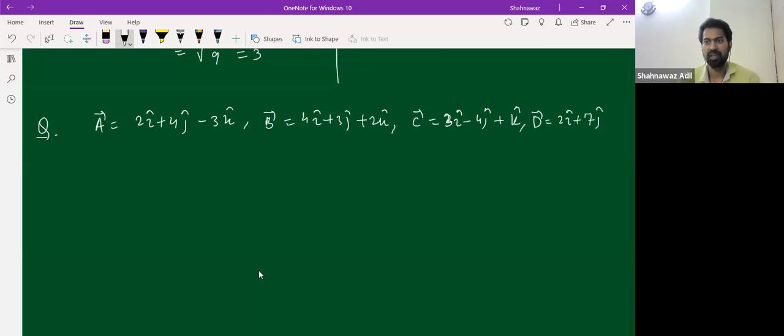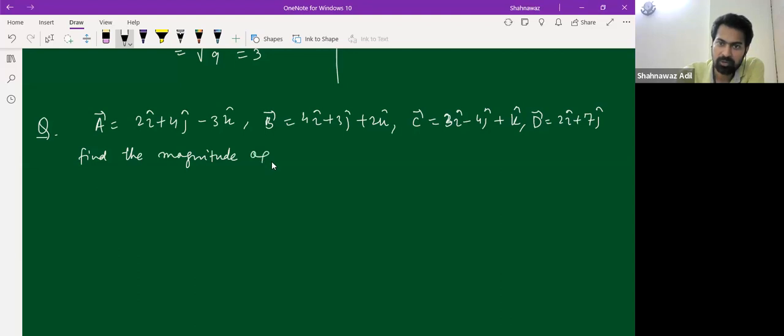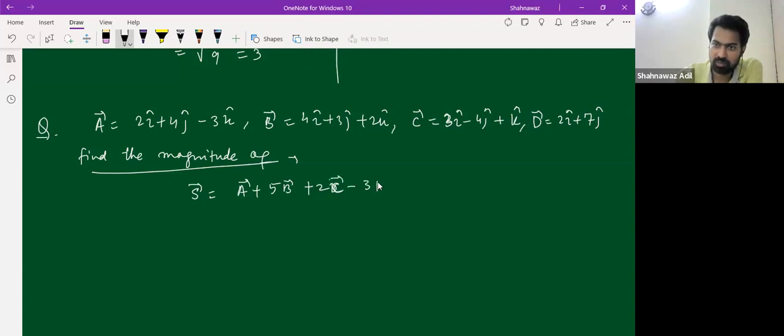Then you guys need to find the magnitude of S, which is A plus 5B plus 2D and 2C minus 3D. Okay, guys, understood the problem?